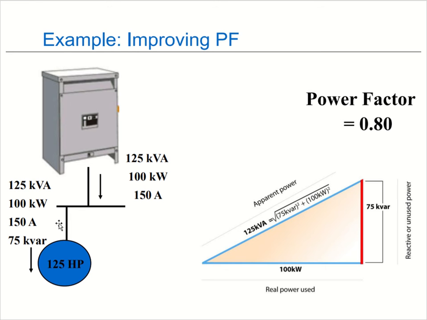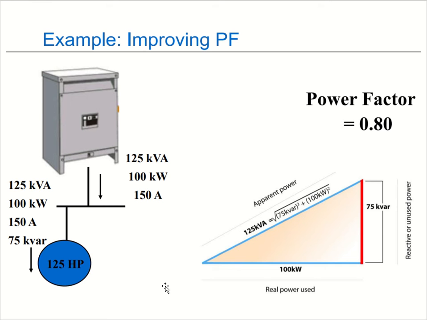So here we have the triangle, where your apparent power is 125 kVA equals the square root of 75 kVAR squared plus 100 kilowatts squared. So that's your apparent power. But there are different ways that you can find the 125 kVA, as well as the 75 kVAR.